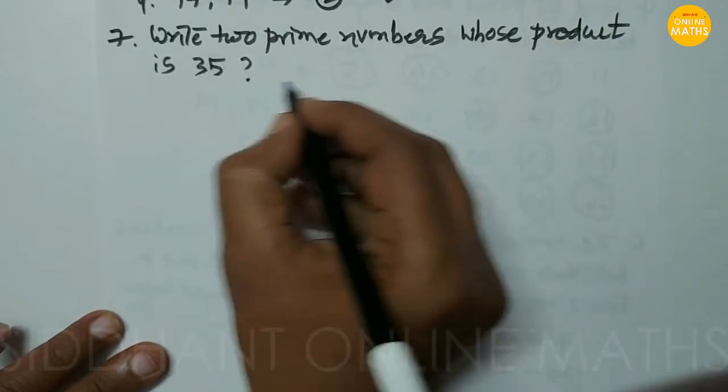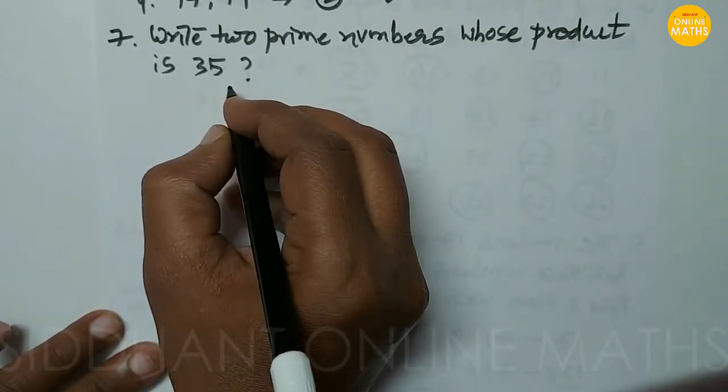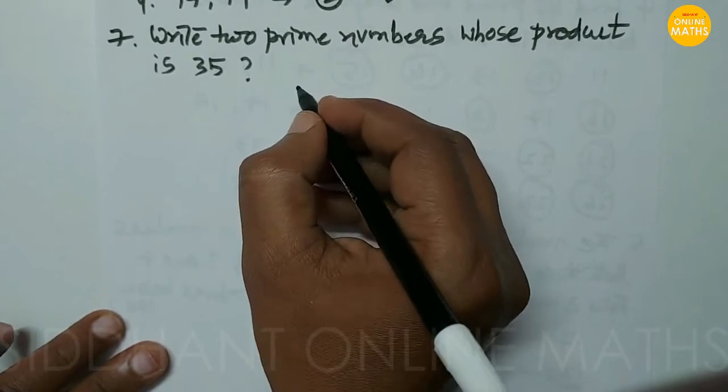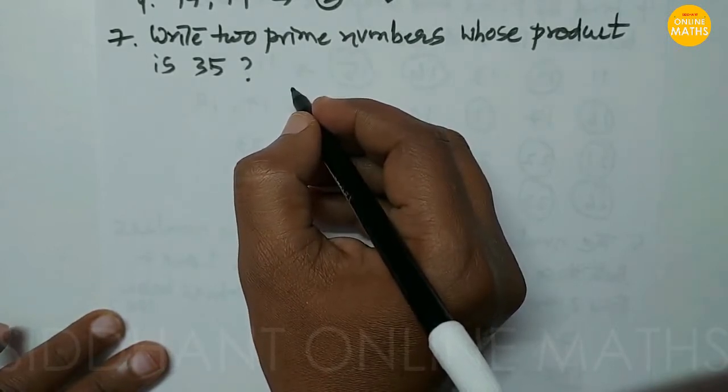Here we are going to see the factors of 35 first, then we will check the prime numbers among the factors.